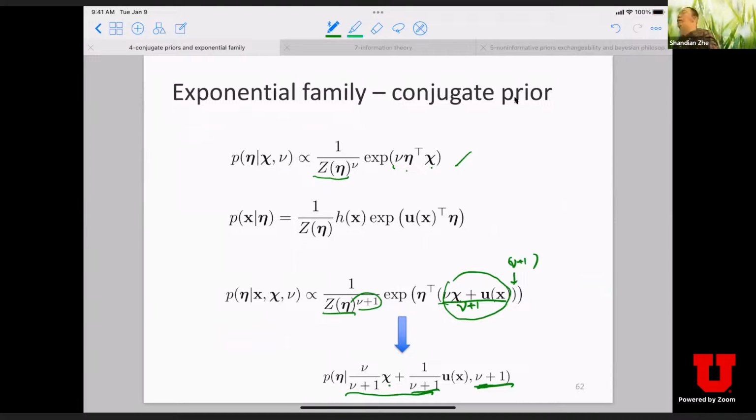After I really observe one example, I increase my pseudo count by 1, so I get nu plus 1. As for the other parameter, kappa, after the posterior update I essentially combine my prior parameter kappa with the data information, but this is a weighted combination.